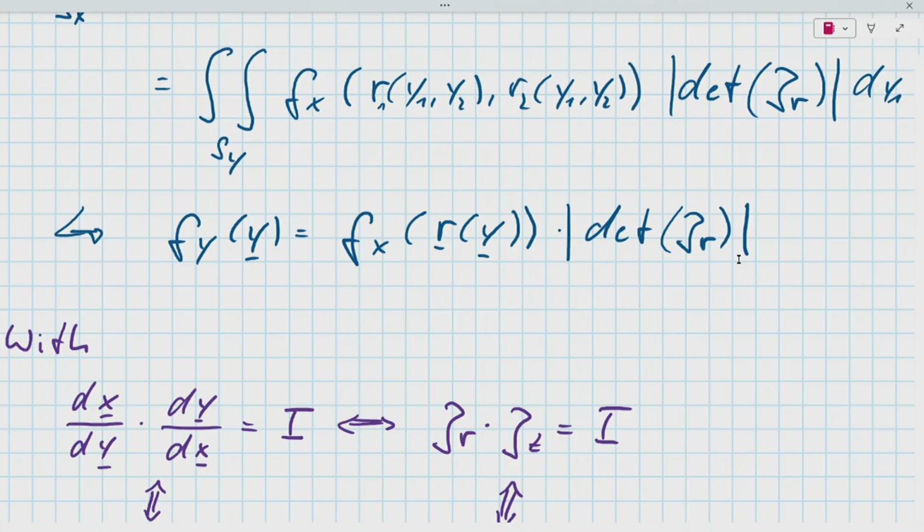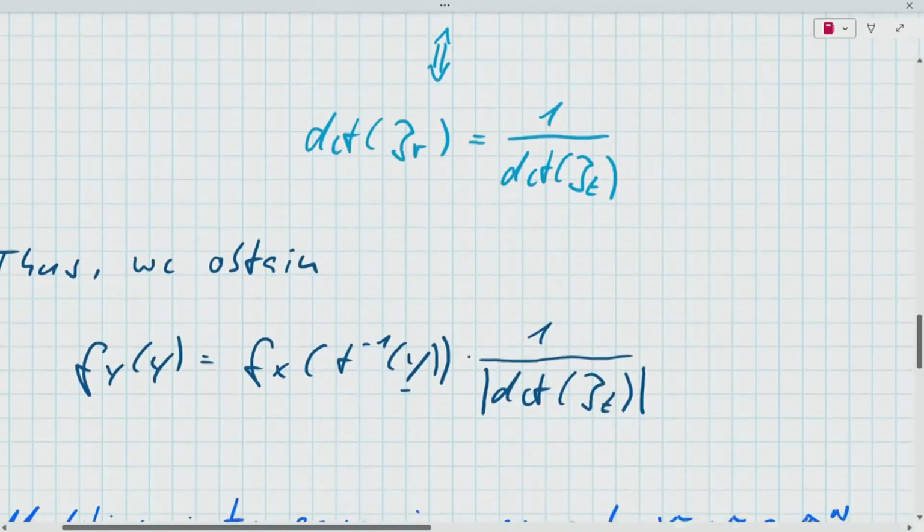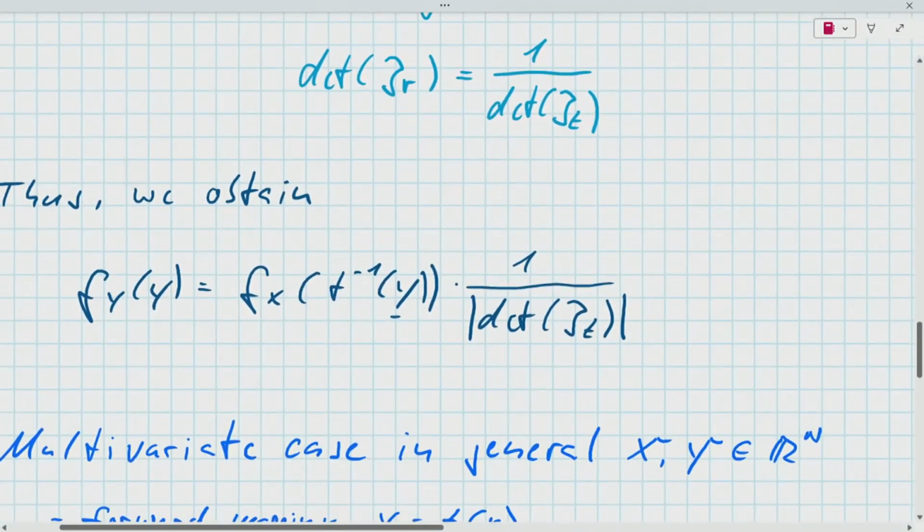So we have plugged in r of y into fx and then times the determinant of Jr. And the dual case, by exploiting this fact, would just be we plug into fx either r of y or t to the minus 1 of y to make it more symmetric, times 1 over the determinant of J. Okay, I think I will now switch microphones.